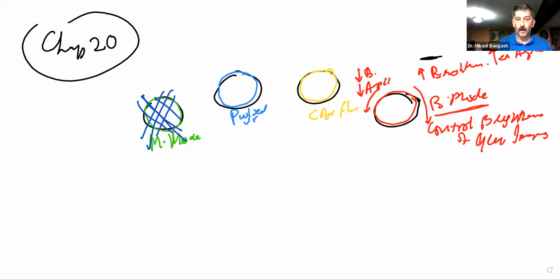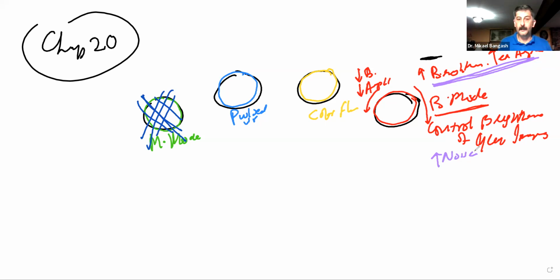We also said that if we increase the brightness of the image, or increase the amplification, that will lead to a reduction of noise.